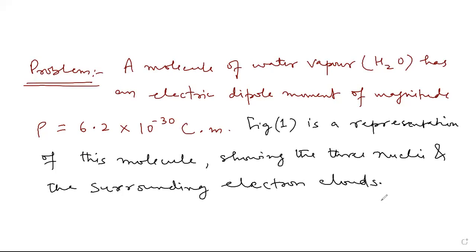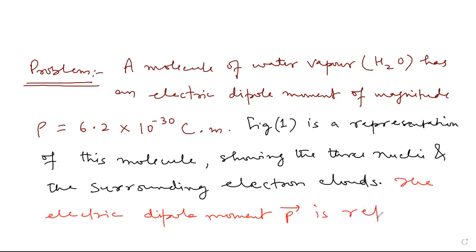Then the problem says the electric dipole moment P is represented by a vector on the axis of symmetry.